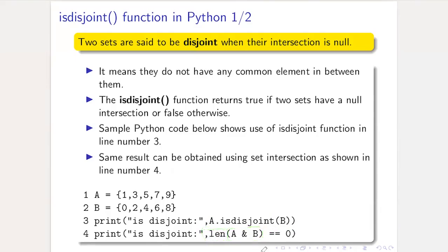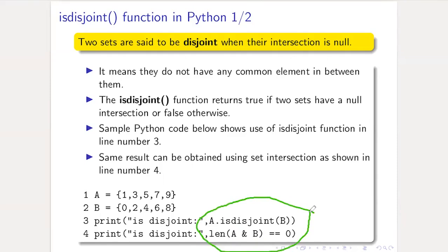If you take the intersection of 2 sets and the number of elements in the intersection is 0, what does that mean? Well, they don't have any common elements, so they are disjoint. So you can return that as the Boolean value.